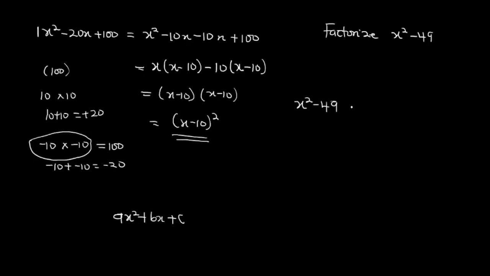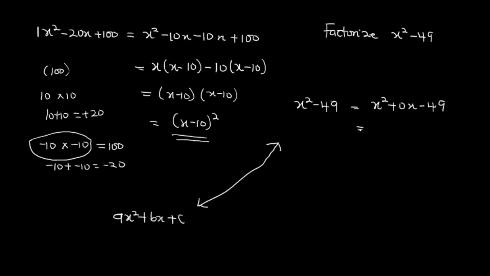If you compare this with the expression that we have over here, you realize that we don't have an x term. If you have an expression where you don't have an x term, it means the coefficient is 0. So 0 multiplied by x will give you 0, and that is why it has not been written. So this whole expression can be rewritten as x squared plus 0x minus 49.